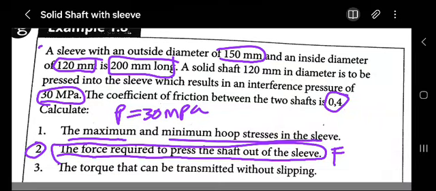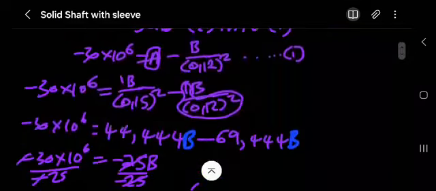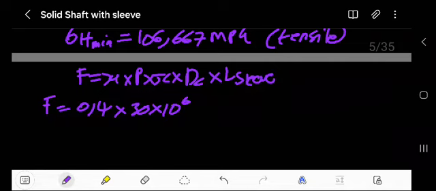So the pressure is 30 megapascal times 10 to the power 6, multiplied by pi, common diameter 0.12, multiplied by the length 0.2, multiplied by 0.4.